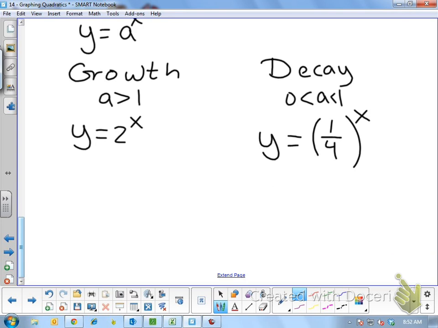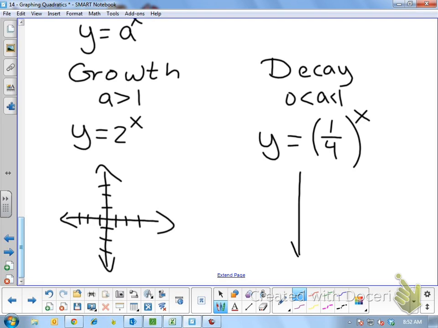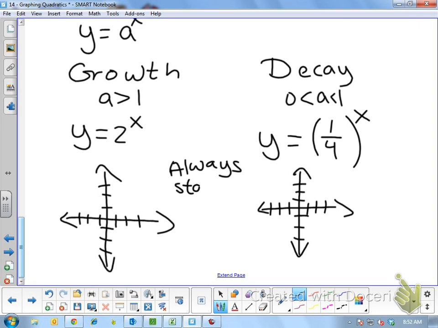So when we graph an exponential growth and an exponential decay function, again, for our purposes, we're just doing the most basic. We are always going to start at 1 on the y-axis.